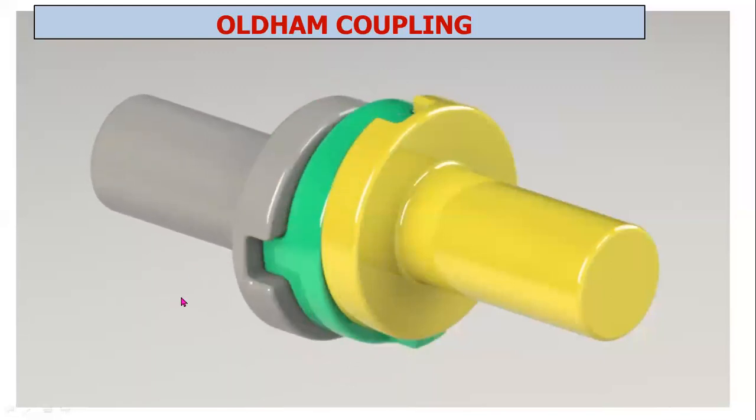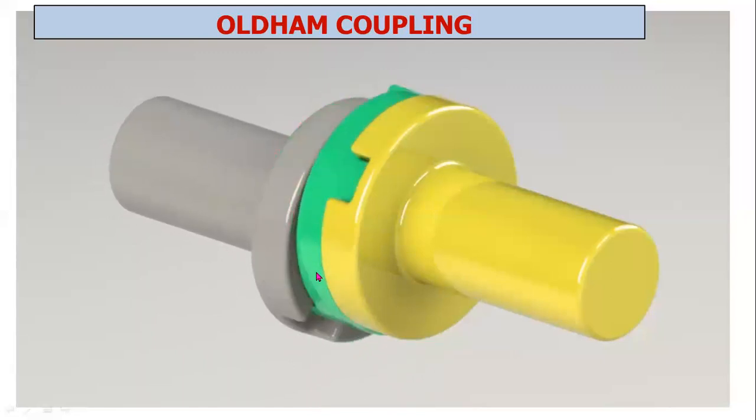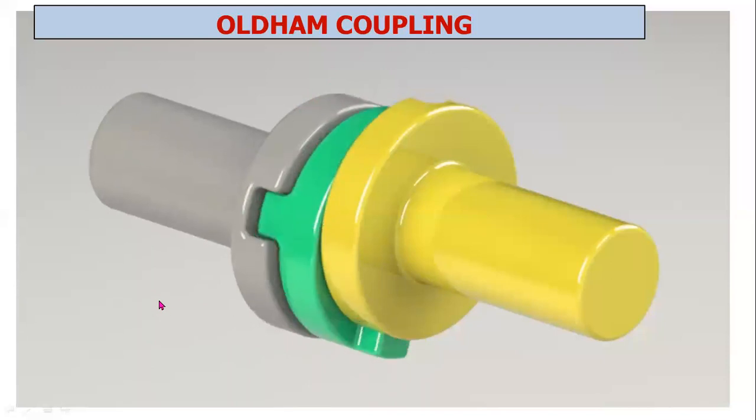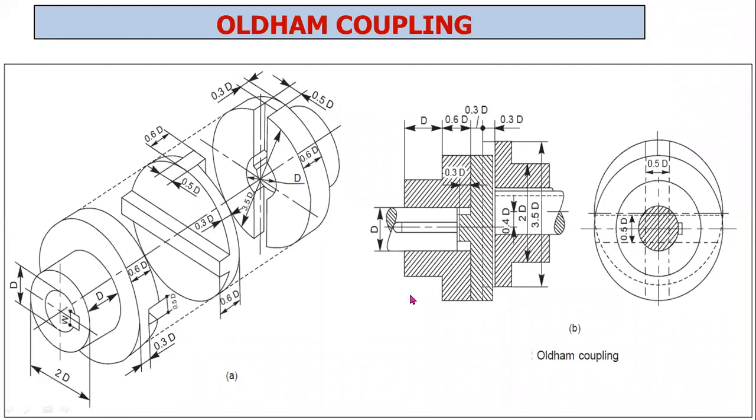Okay, this is a rotating disc. So this is the cross-sectional view of an Oldham coupling. This is a front view and side view.